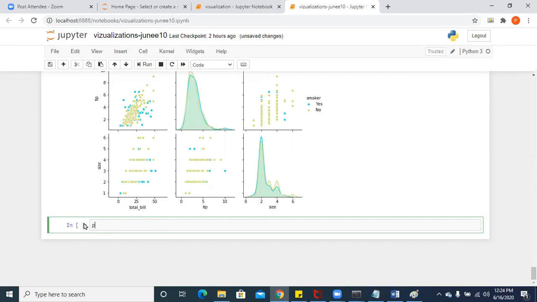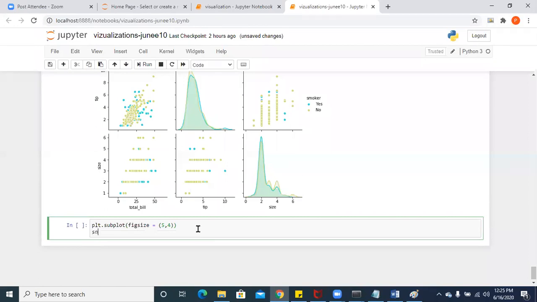What I'm doing is taking a figure, plt.subplots with figsize equal to 5 comma 4, and to this I am adding a heat map: sns.heatmap of tips.corr(). I'll show what this correlation is.